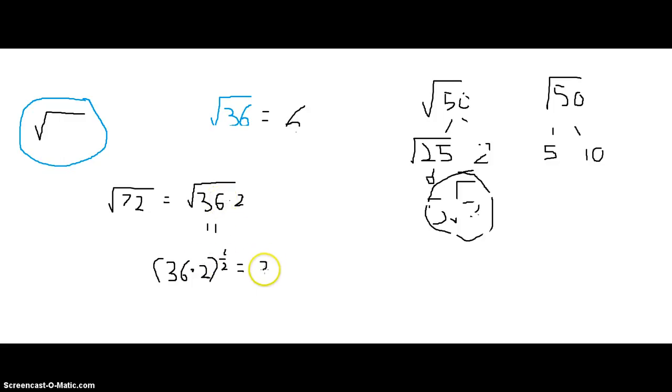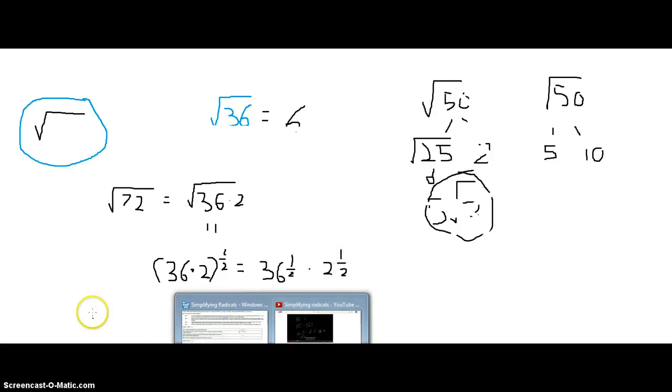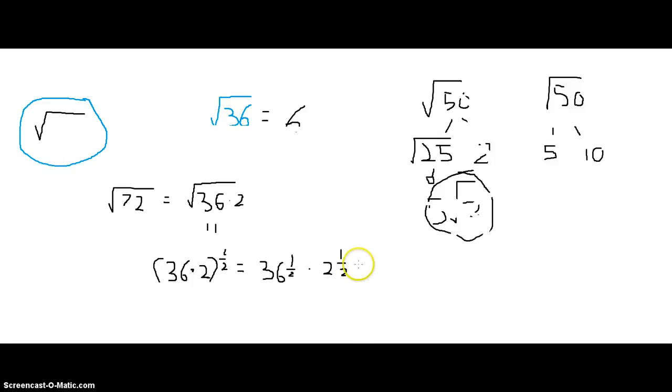Now, that is also 100% correct, what I have written right here. This is to go even more in depth. That's to the half power. Okay? And so that's like saying the square root of 36 times the square root of 2.